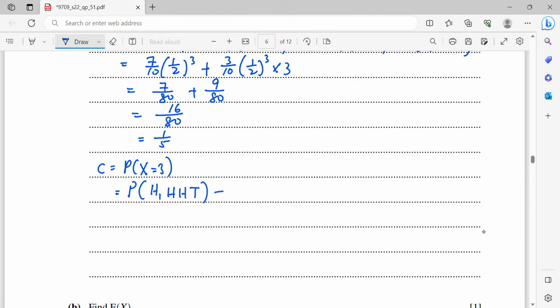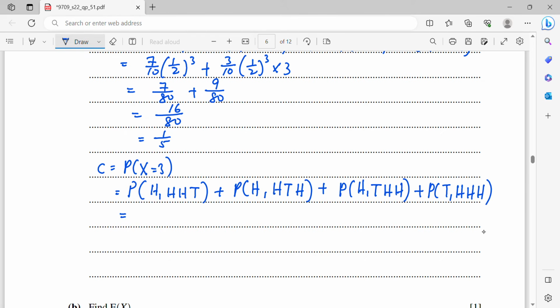The biased coin show H, then you get HTH. Or the biased coin show H, then you get THH. These are the 3 heads. Or, the biased coin shows tail, and then the other 3 fair coins show head.